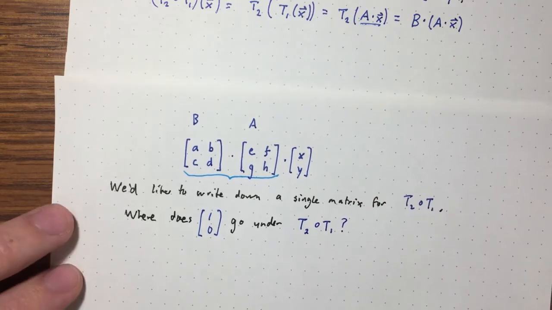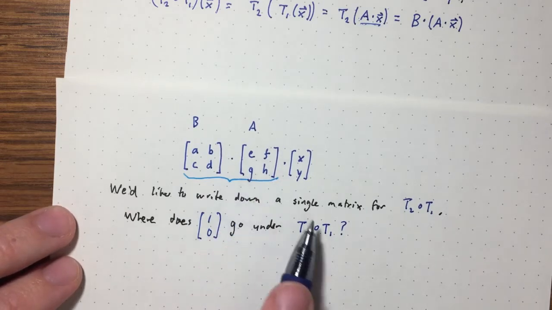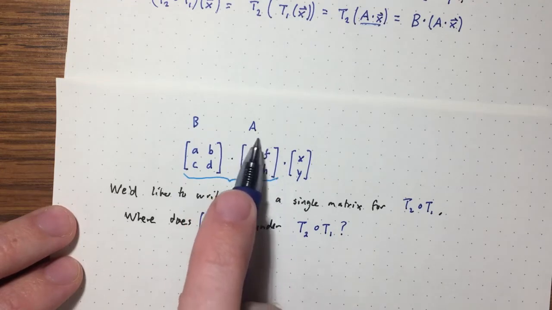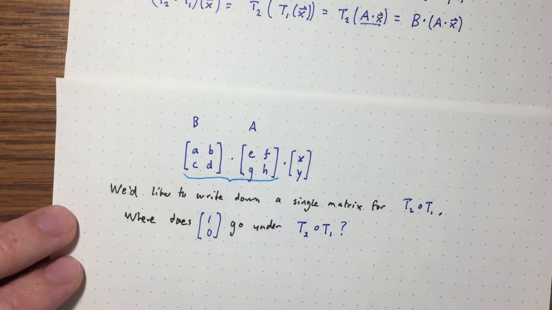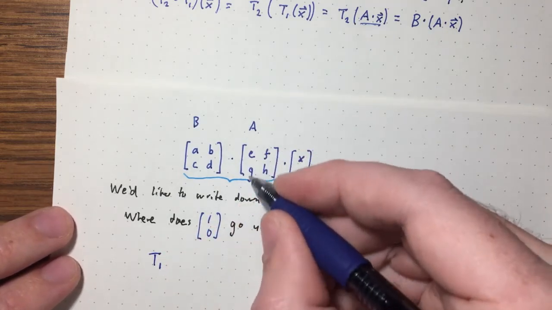Well, this is the matrix implementing T1, right? So where is this vector going to go under this transformation? Can you see right away where it's going to go? It's going to go to EG, right? Because that's what this column represents.